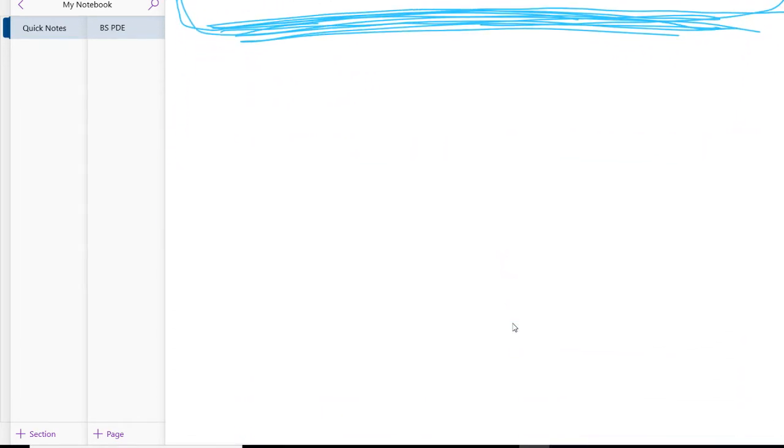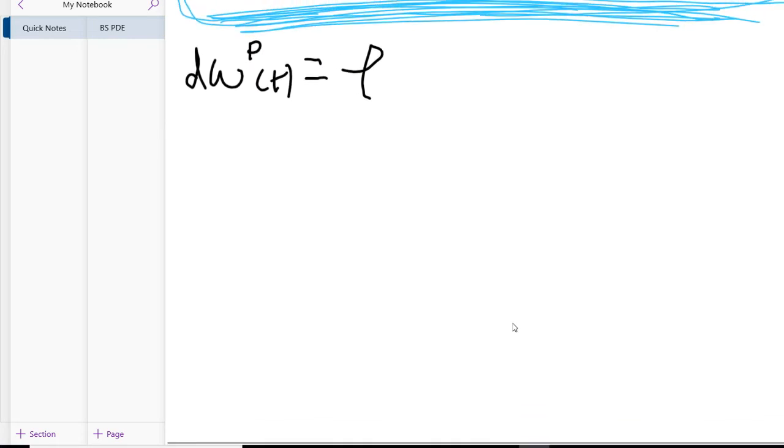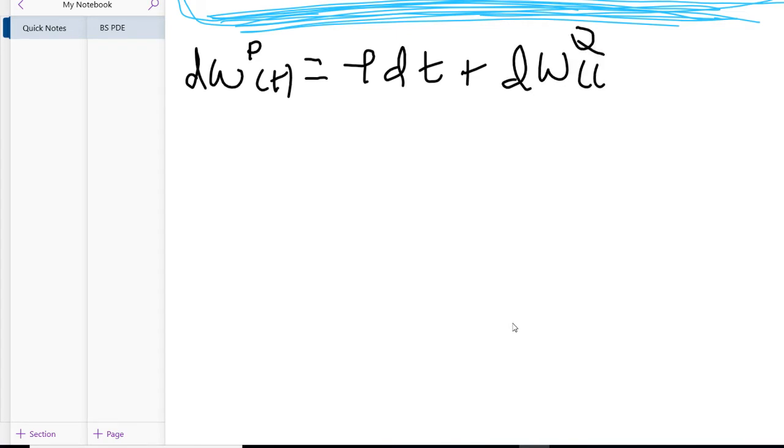So, going back to Girsanov, it tells us that if we take an increment of a Wiener process under real-world probability, we can rewrite this as some phi, it's phi in LaTeX, called varphi, dt plus a Wiener increment, but under risk-neutral probability Q. And this phi is often called the Girsanov kernel or transformation.